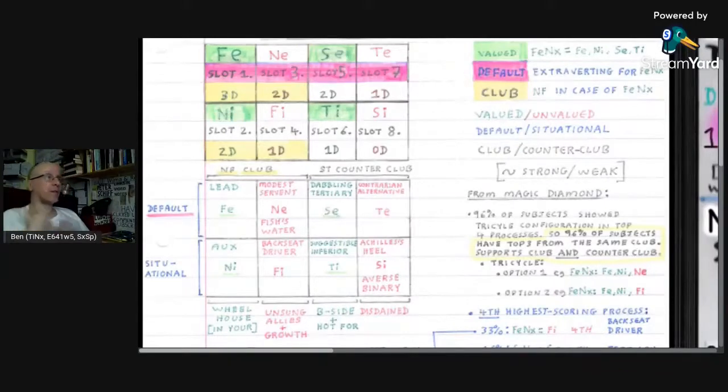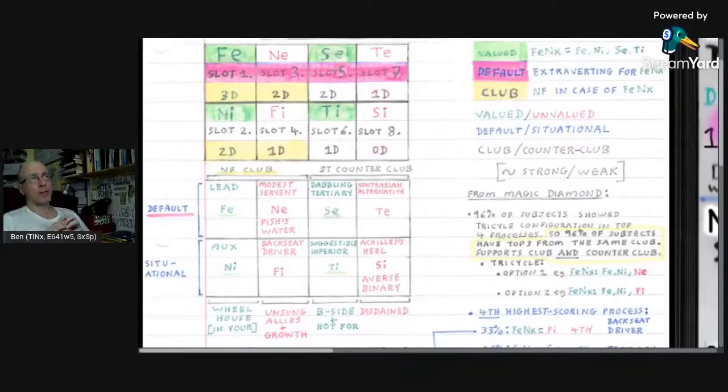It's a default function in that it's extraverting, and ENFJ is a default extraverting type, and it's a club function. It's part of that NF club, so it's an NF function. It ticks 3 boxes. Whereas the weakest function, which I'll get to at the end, Si, ticks none of those boxes.